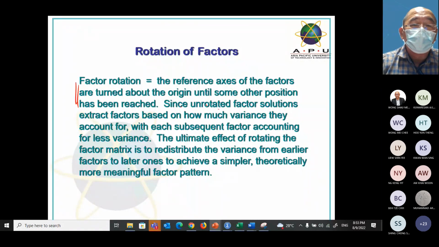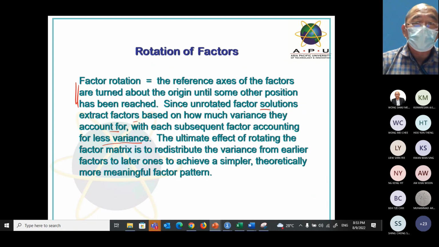Since the unrotated factor solution extracts factors based on how much variance they account for, with each subsequent factor accounting for less variance, they will distribute to the next variable.